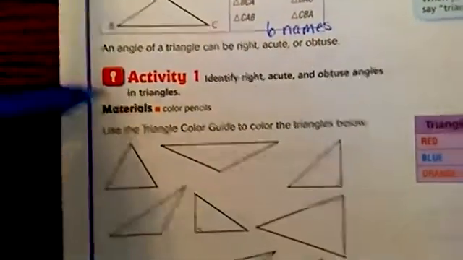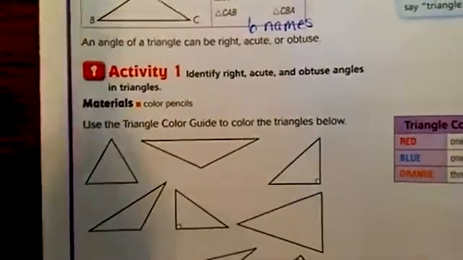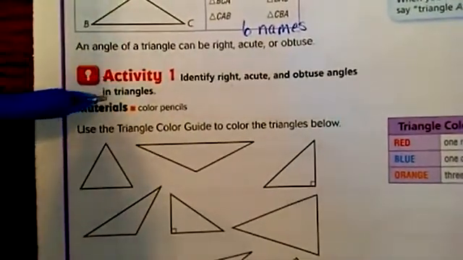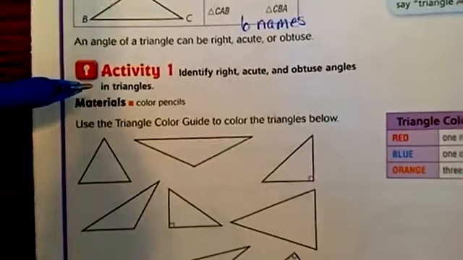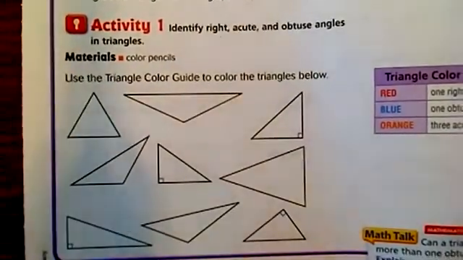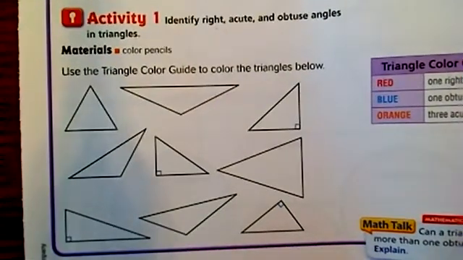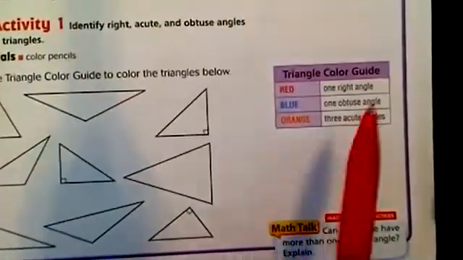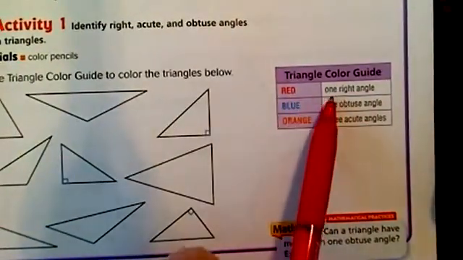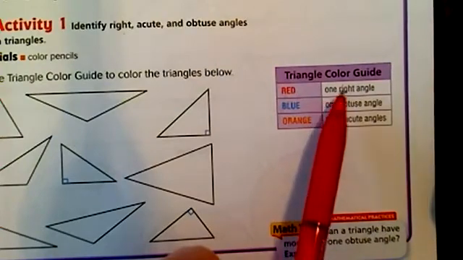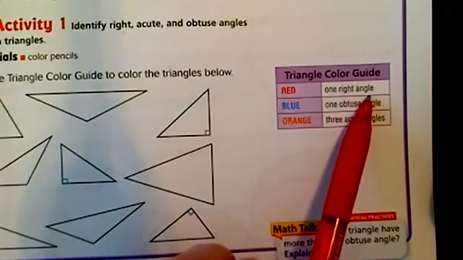Okay, so one of the things that we can do here is identify triangles based on their specific angles. And I'm going to try to use 3 different colors of ink here to make these stand out for you. So I'm going to use red to find triangles here that have 1 right angle.